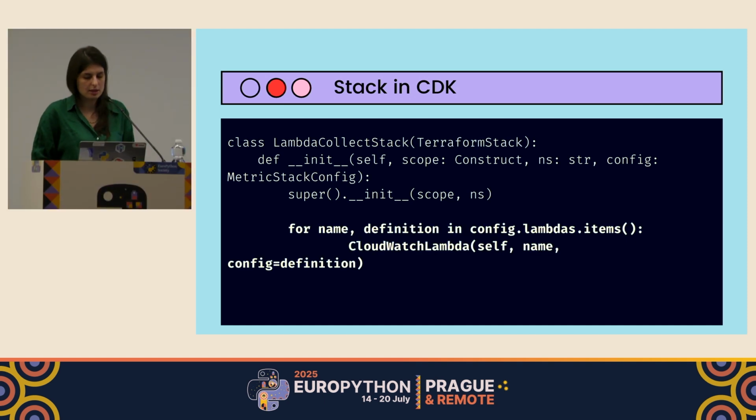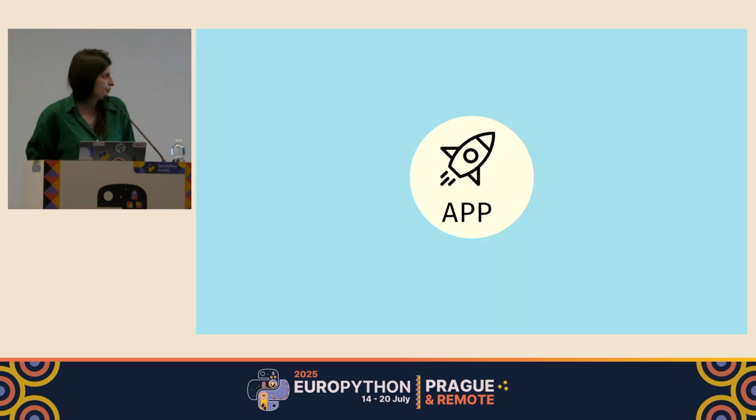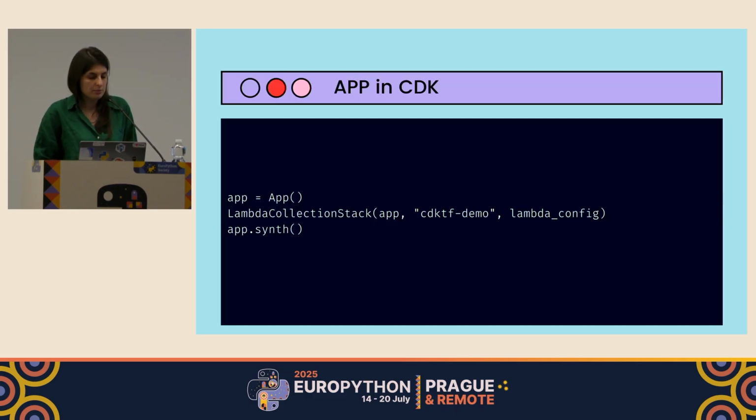And here, basically, we just loop over all configurations that we pass, and it will create CloudWatch lambdas for us. And app is the final part, because app is basically the context where we define our infrastructure. For this, you just create an instance of the app. Inside of it, you call the lambda collection.